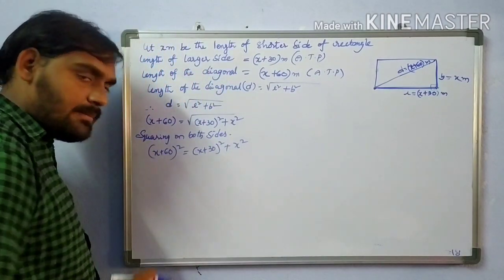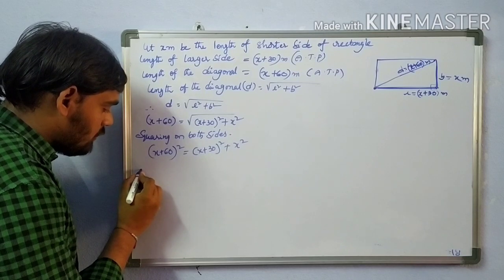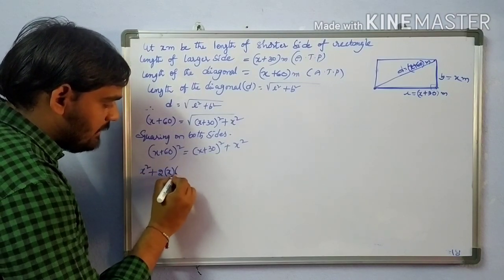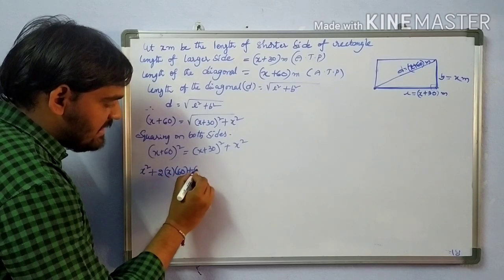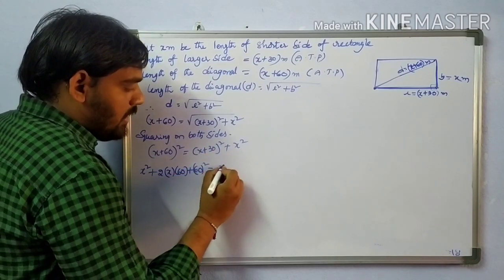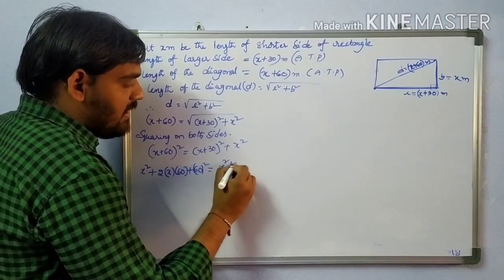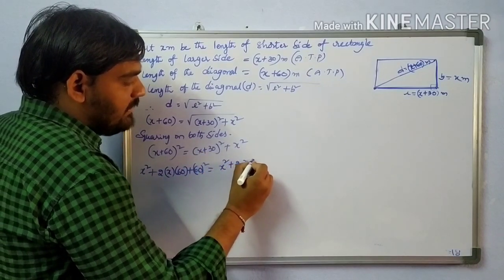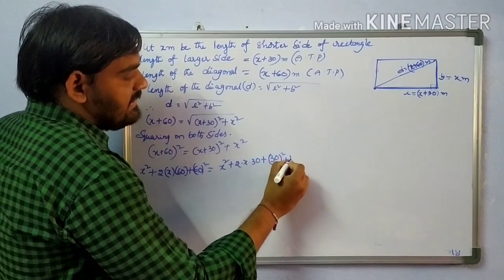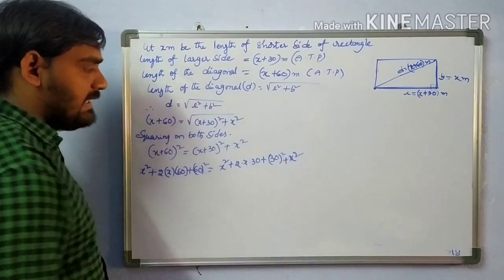A is here x, b is here 60. So x square plus 2 into x into 60 plus 60 square is equal to, here also a plus b whole square, x square plus 2 into x into 30 plus 30 square plus x square.